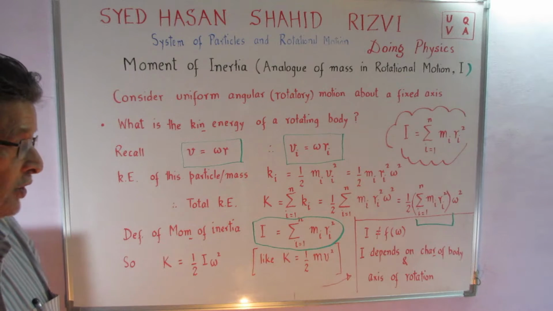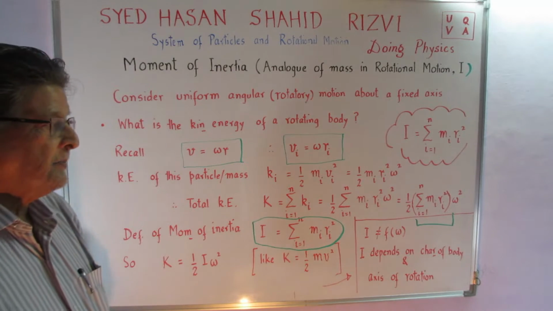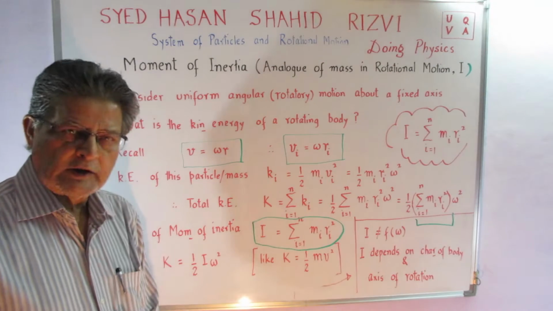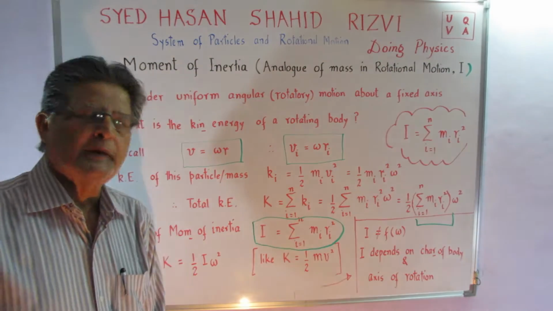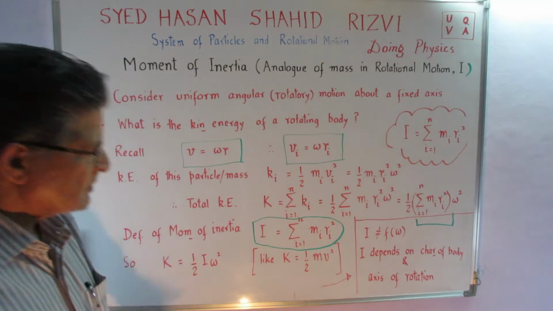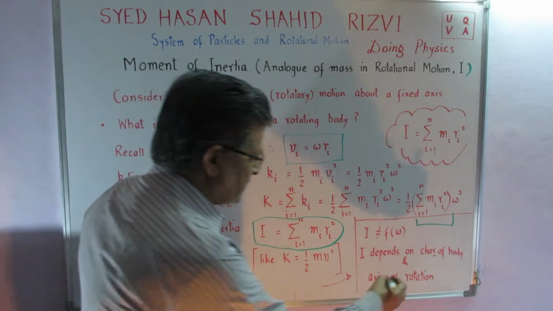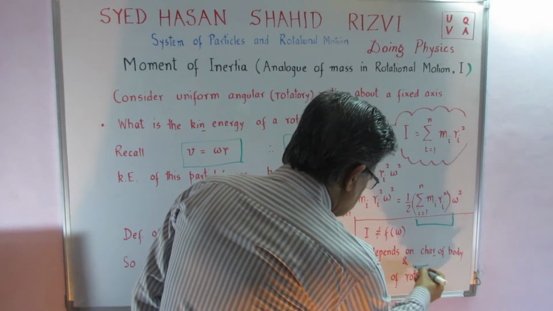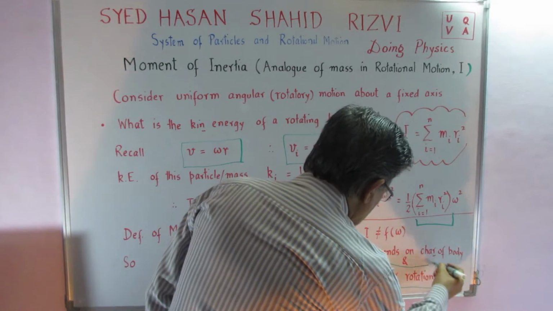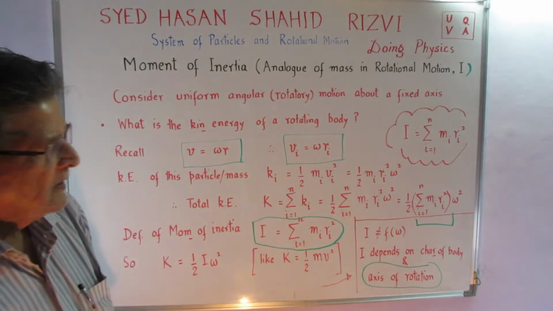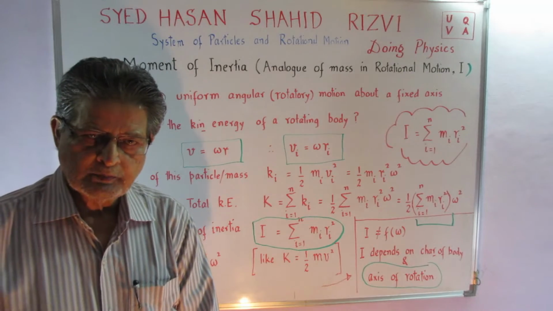So what is it going to depend on? It depends upon the characteristics of the body, the composition of the body, the spread of the body, the definition of the body, and of course, one of the most important things is that we must define the axis of rotation.